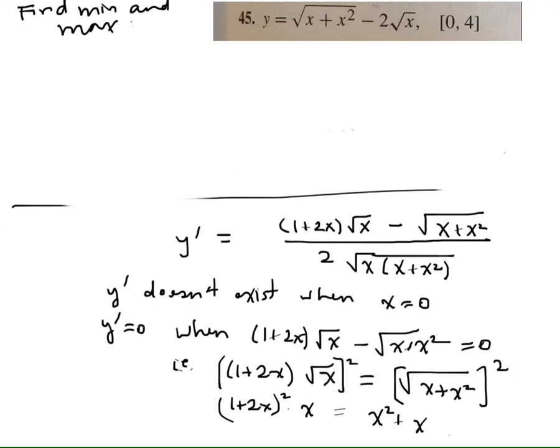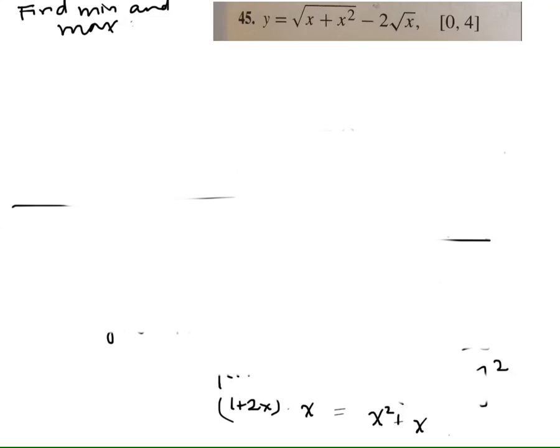Okay, so let me just clear this whole thing. So we said that the critical points were x equals 0 and x equals negative 3/4. Now, negative 3/4 is not in the interval we care about, which is from 0 to 4.